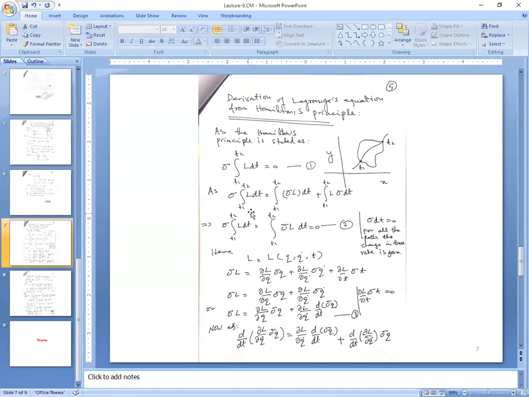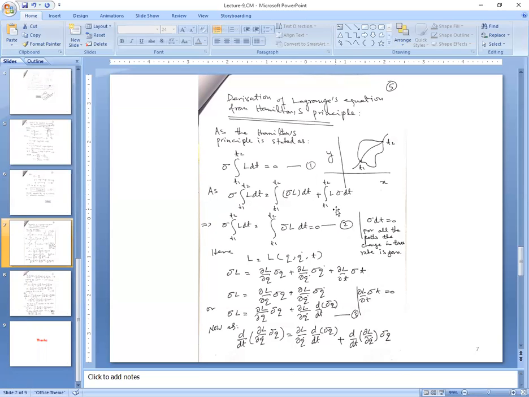Here, delta can operate on this term. This is the product of two terms, L and dt. Just like the differential of a product of two terms, we can apply delta on L, and then in the next term we can apply delta on dt.